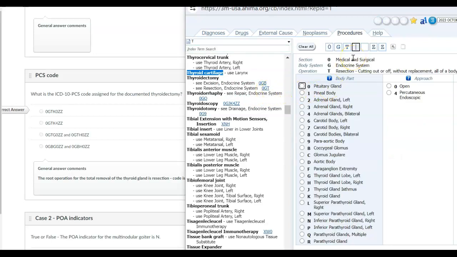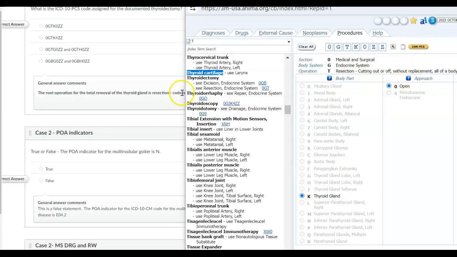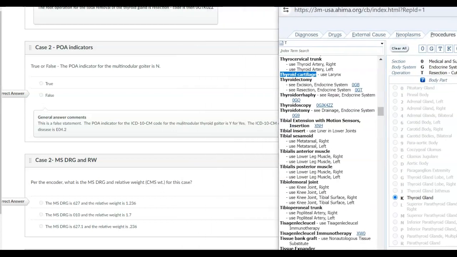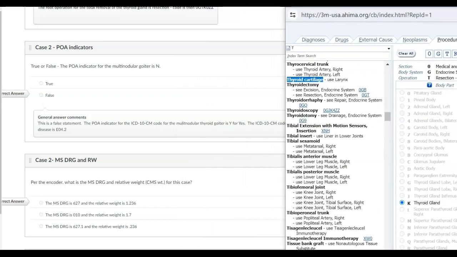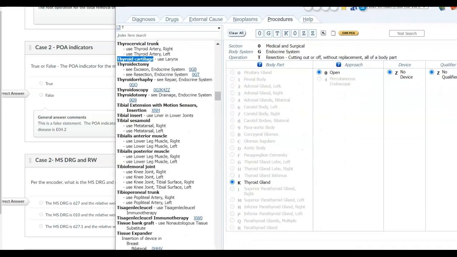It's 0GT, and then we have K, thyroid gland, and we know it was open, ZZ. All right, and the multinodular goiter is an N for POA indicators. True or false? This is false, because they did come in and they had the goiter there. Okay, so keep in mind with that.